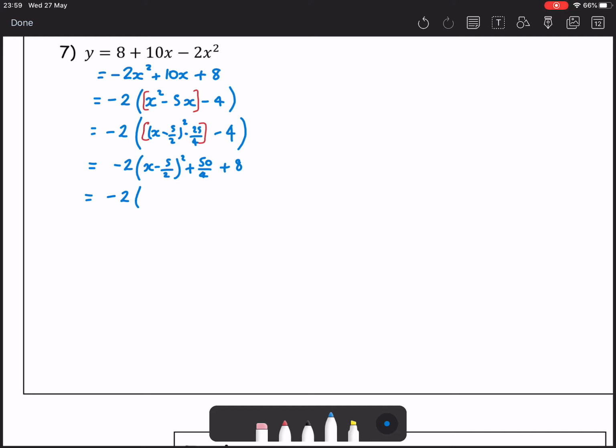Minus 2 lots of x plus, if I get 50 over 4, 8, if I put that over 4, top and bottom by 4 gives me 32. Minus 2 lots of x minus 5 over 2 plus 82 over 4.